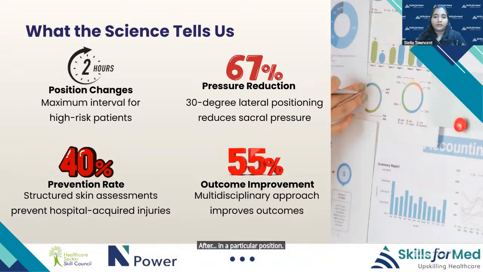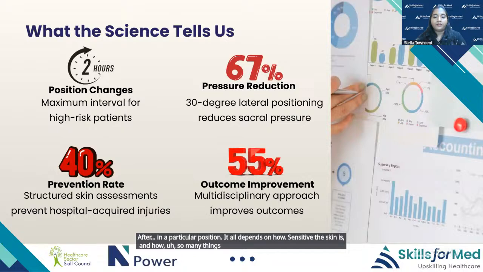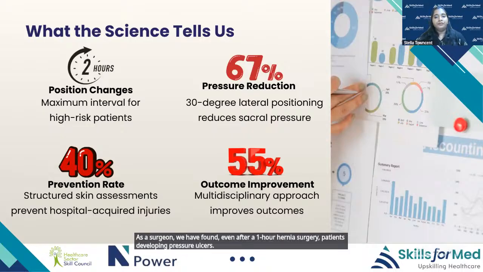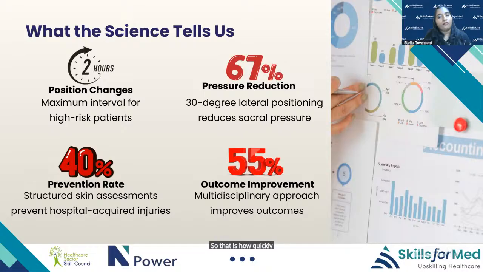It all depends on how sensitive the skin is, the nutrition level and so many things. As a surgeon, we have found patients developing pressure ulcers even after a 1 hour hernia surgery. So that is how quickly pressure ulcers can happen.